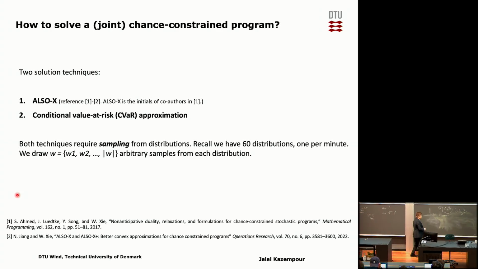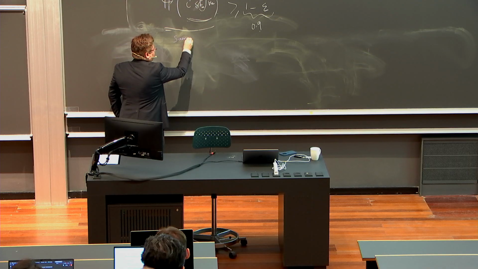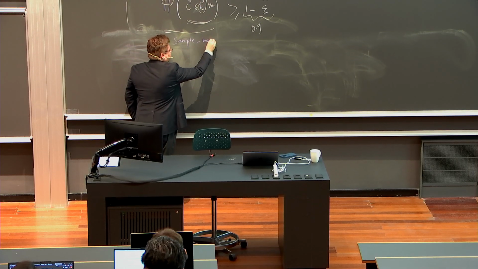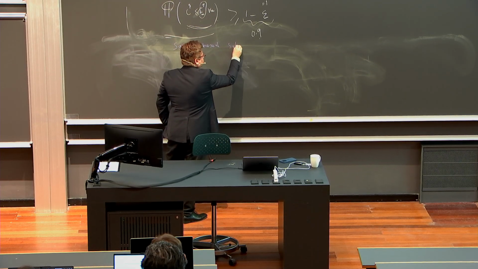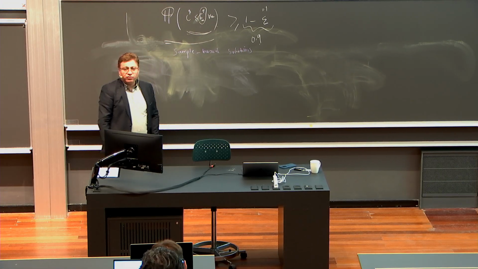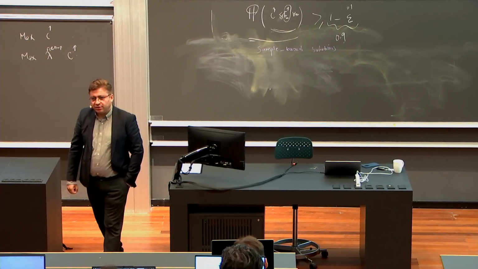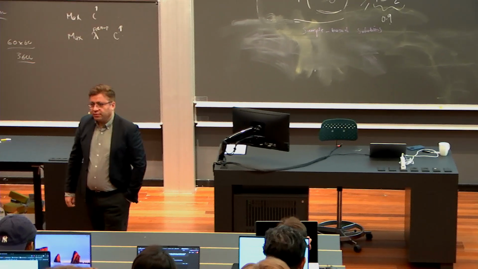So what we are going to use here is sample-based solutions. To be honest, what we are going to do is reformulate this chance constraint as a scenario-based stochastic programming.